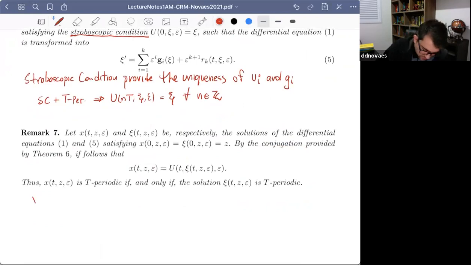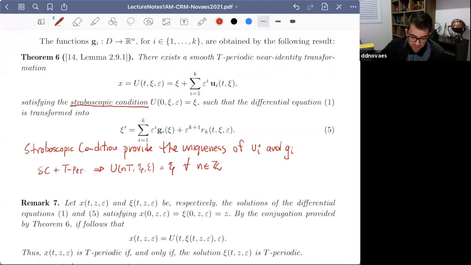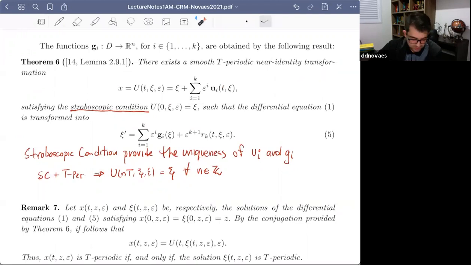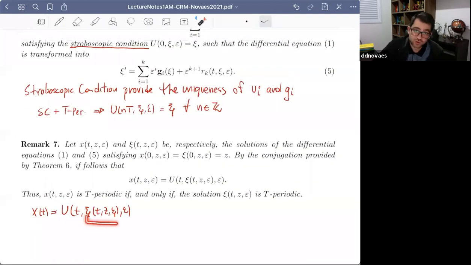We know that if we define x(t) equal to u(t, c(t, z, epsilon)), it is actually a solution of the difference equation 1, because theorem 6 is providing a transformation of the difference equation. So this is the solution of the transformed difference equation, and I'm applying the transformation and going back to the initial difference equation.